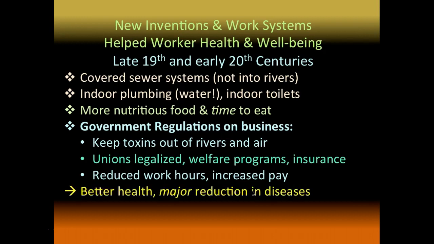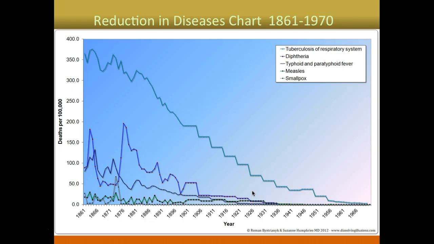And all of these things led to really increased health and a major reduction in diseases. How surprising, not. Let's look at a couple charts. This is a chart that shows the reduction in diseases from 1861 to 1970. So a century of diseases.